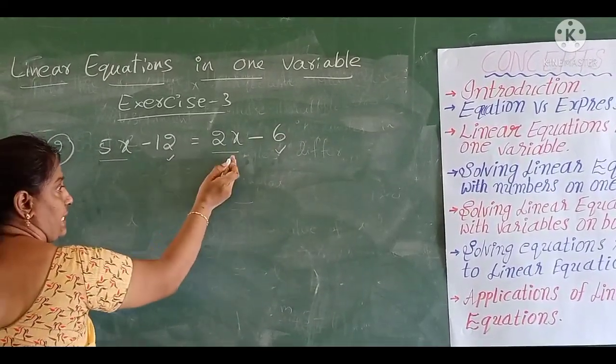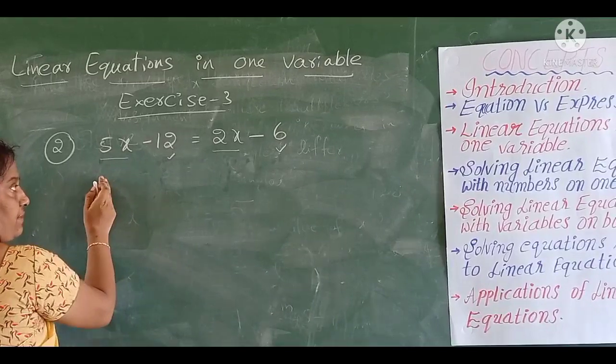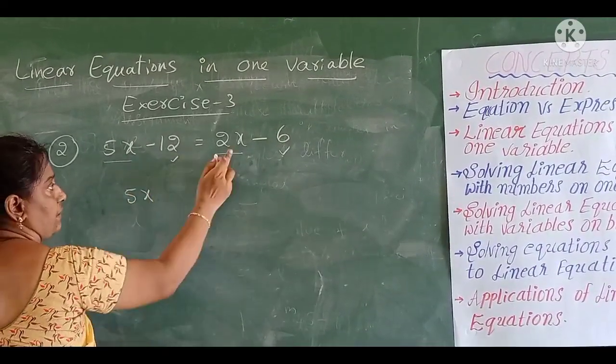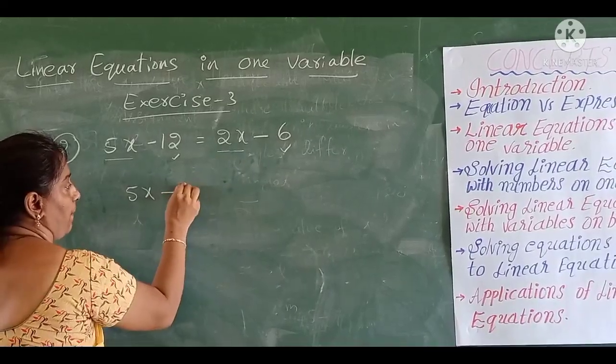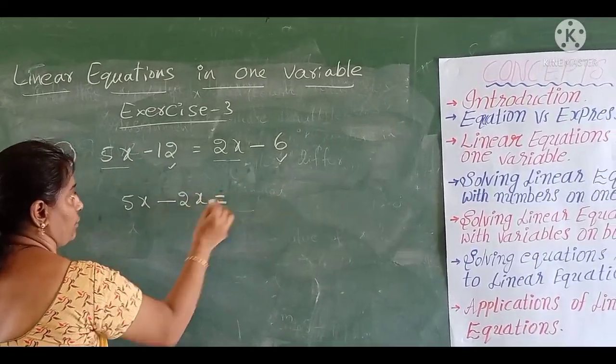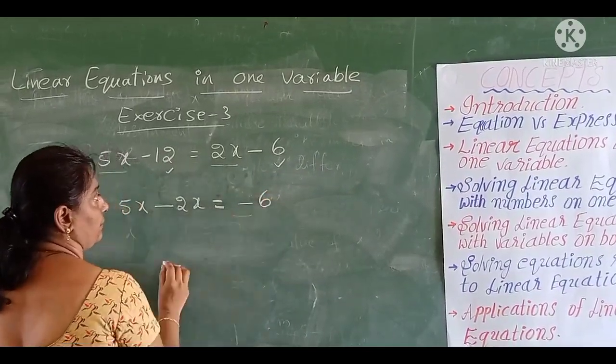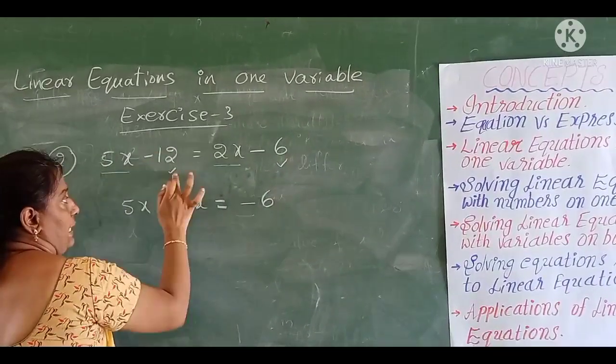So, 2x will come to the left side and become negative. So, 5x, positive 2x becomes minus 2x is equal to, what is the constant here? Minus 6. Then minus 12 is a constant on the left side.